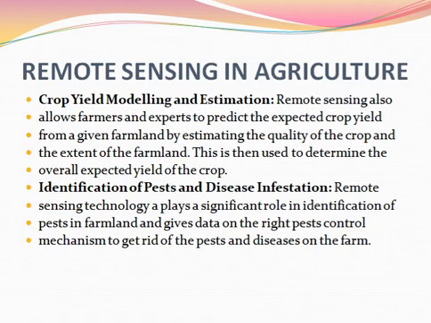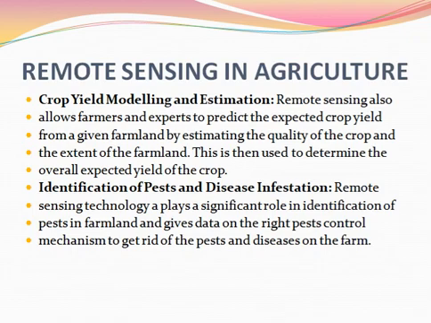This is then used to determine the overall expected yield of the crop. The next is identification of pest and disease infestation. Remote sensing technology plays a significant role in identification of pests in farmland and gives data on the right pest control mechanism to get rid of pests and diseases on the farm.